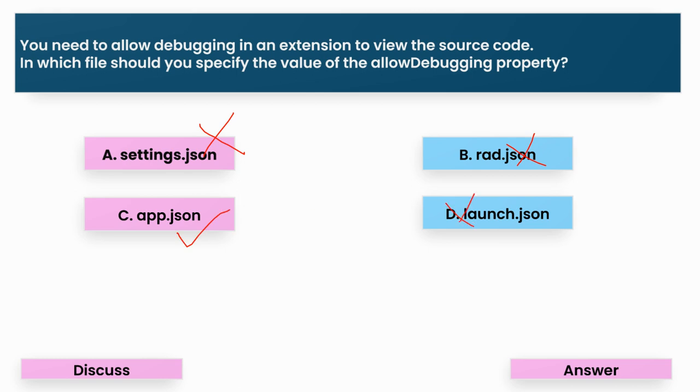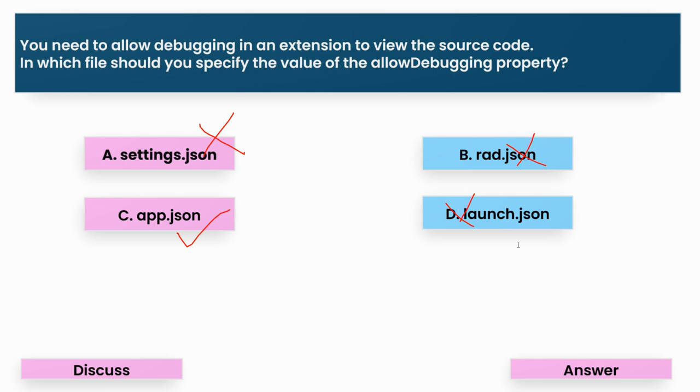And why not launch.json? Because in the context of Visual Studio Code, which is commonly used for developing Business Central extensions, launch.json configures debug sessions, which include specifying the environment, the tenant to connect to, and other debug session parameters.